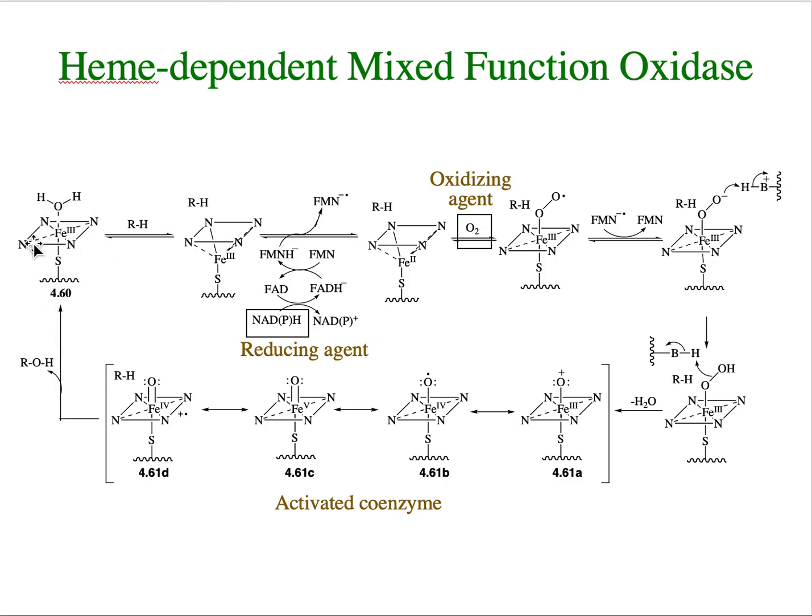These nitrogens in the square denote the heme that's holding the iron 3. What's going to happen is that we have a reducing agent and an oxidizing agent that's eventually going to give the activated species, which is this iron attached to an electrophilic oxygen. So this can do radical chemistry, or we'll say it does stuff that looks like 2 electron chemistry.